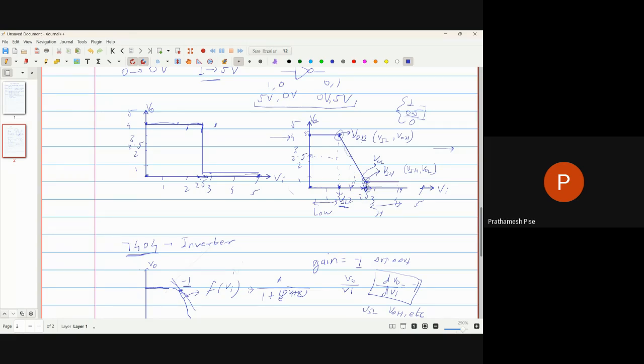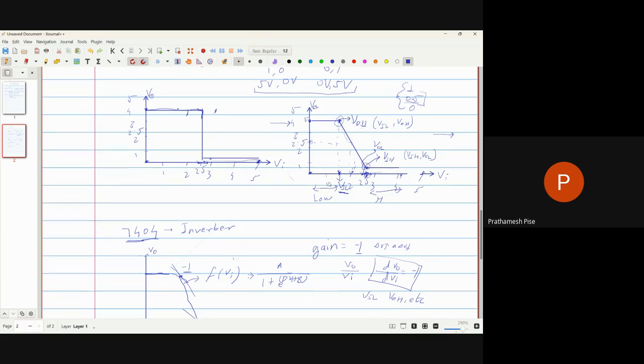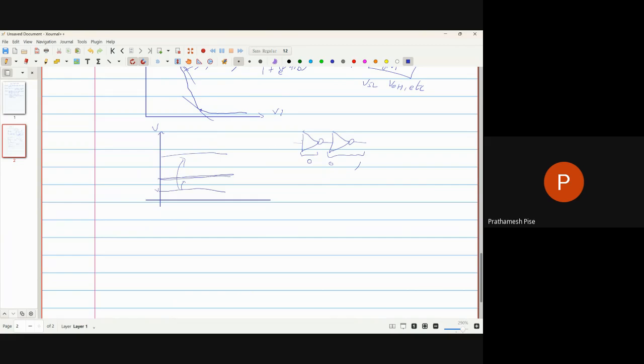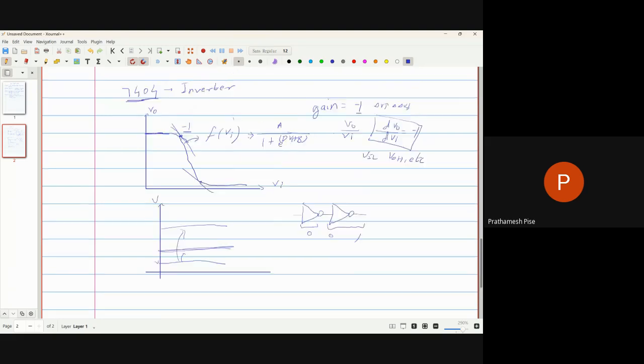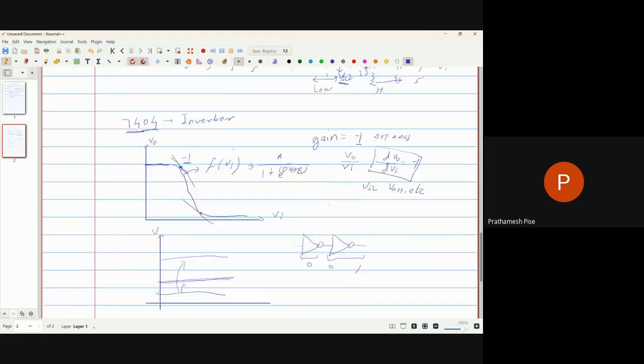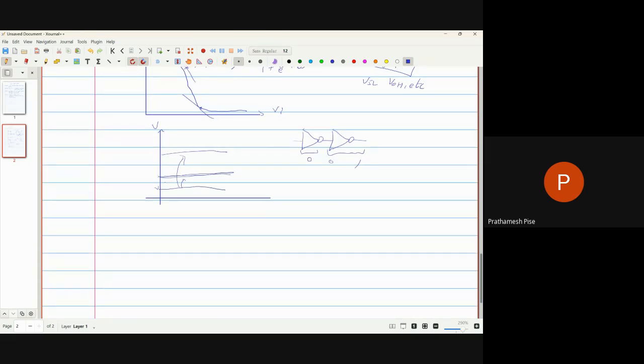Output of this gate should be completely 0, but the other gate that is taking input will consider the range till this VIL. Any input in this range will be considered as 0. So this whole area is our noise margin.